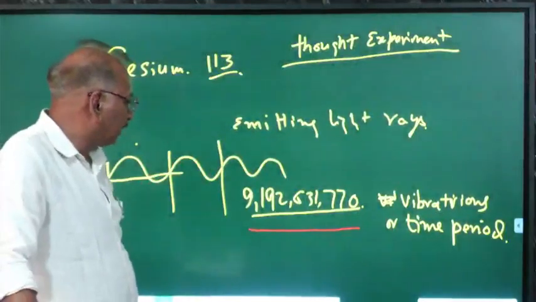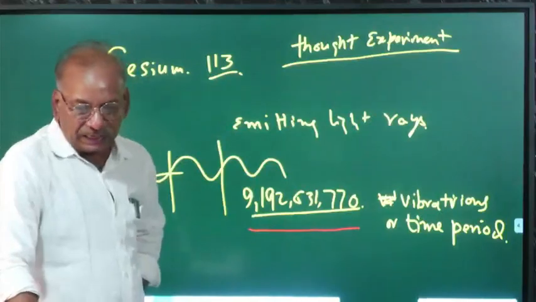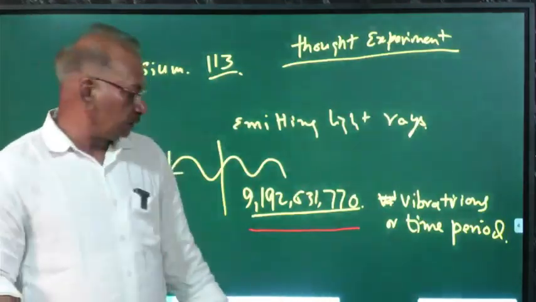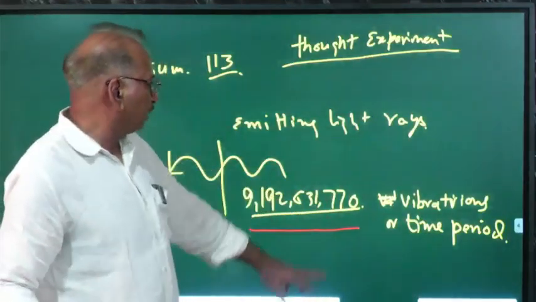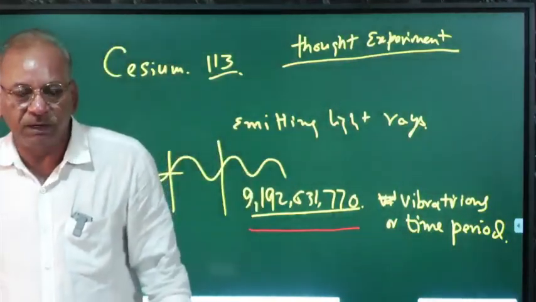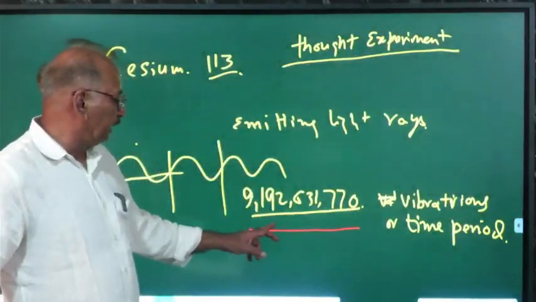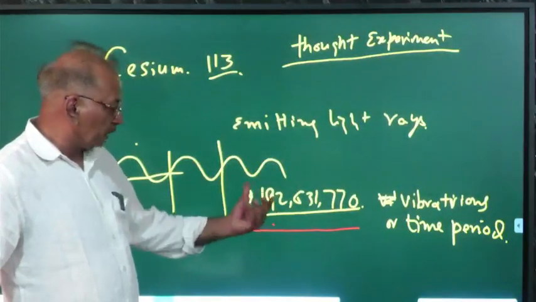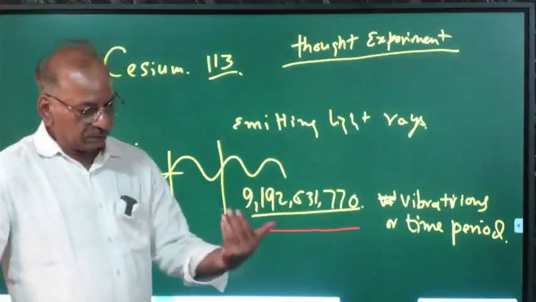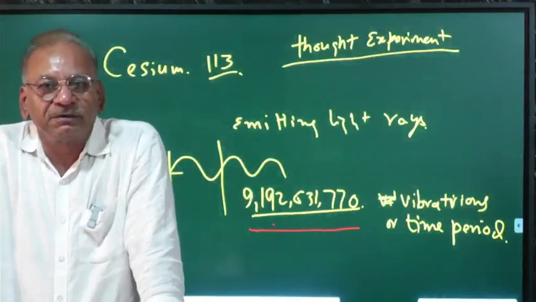9,192,631,770. I don't think you have to remember this quantity by heart, but this is enough for anyone to understand the speed with which the light rays vibrate.